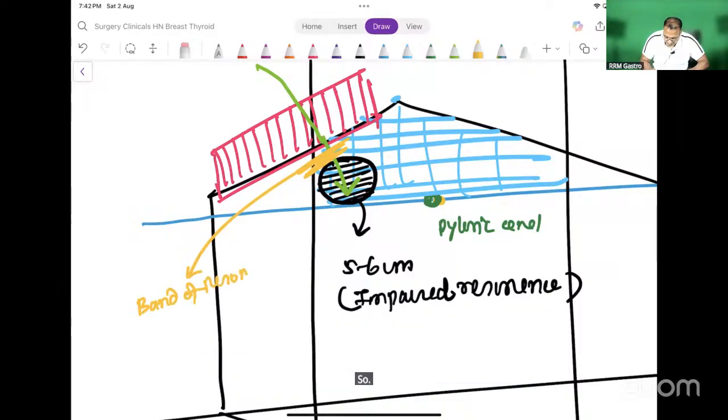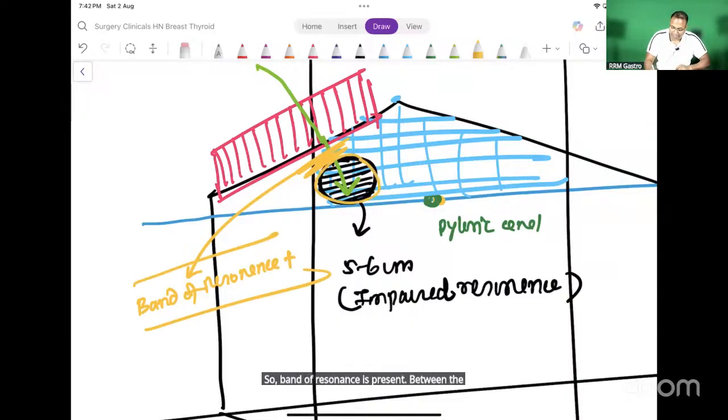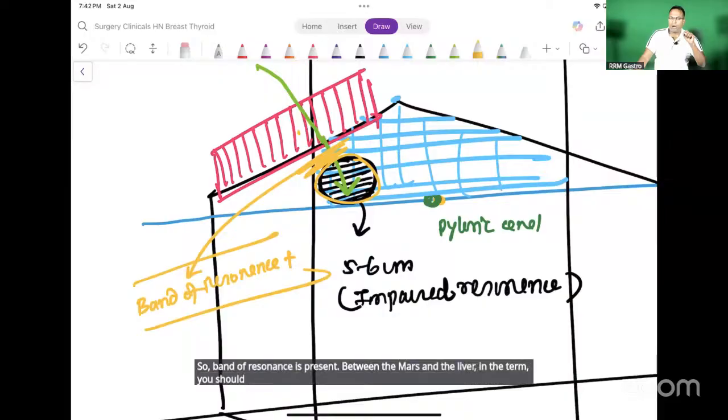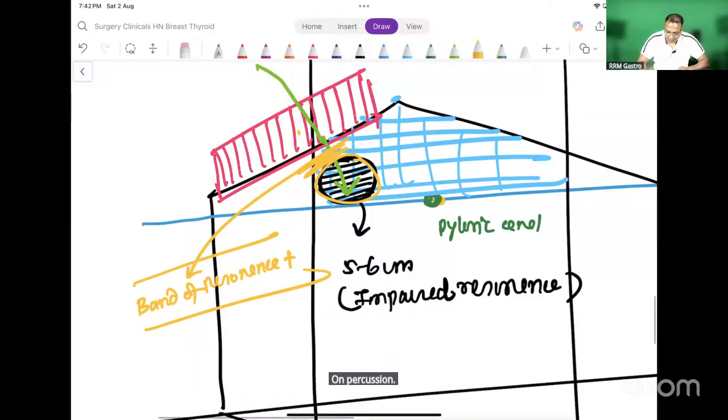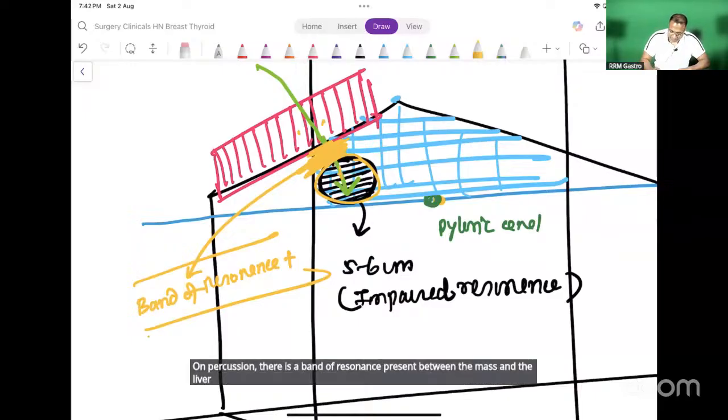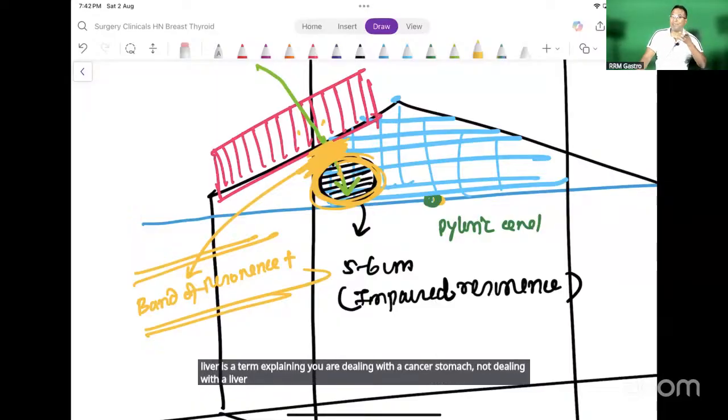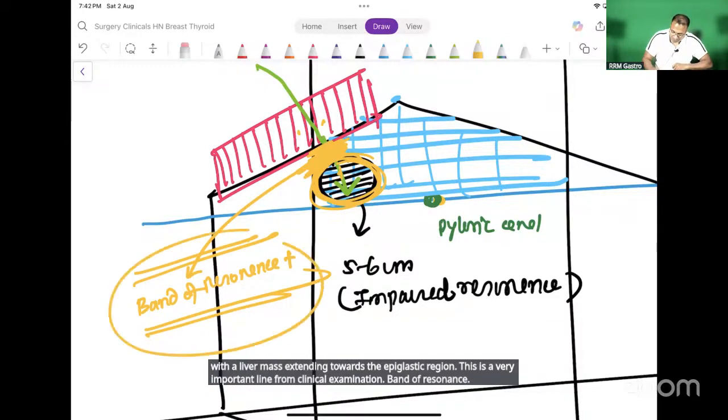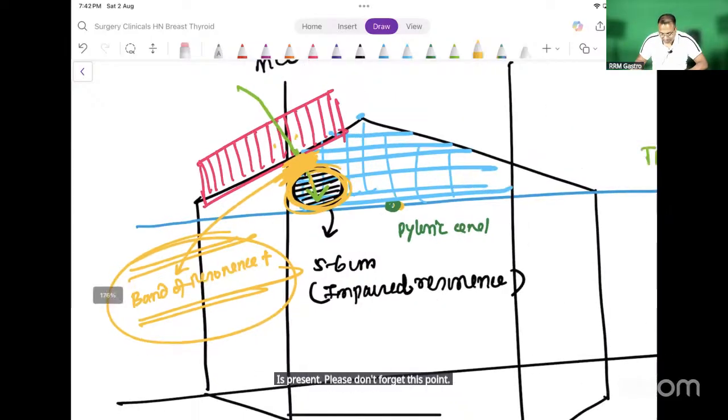So a band of resonance is present between the mass and the liver. In these terms you should say: on percussion, there is a band of resonance present between the mass and the liver. This explains you are dealing with a cancer stomach and not a liver mass extending towards the epigastric region. This is a very important line from clinical examination. Please don't forget this point. Band of resonance is a very important term.